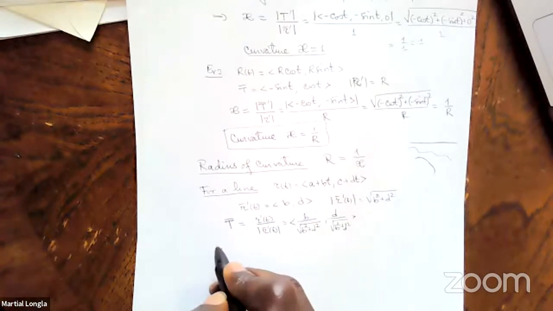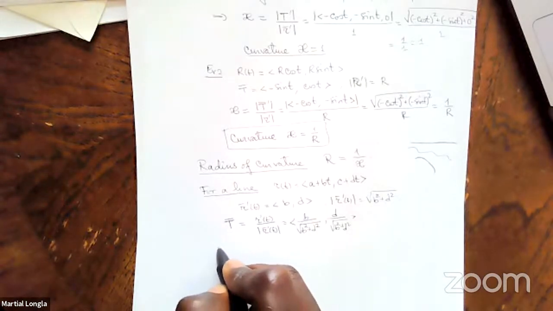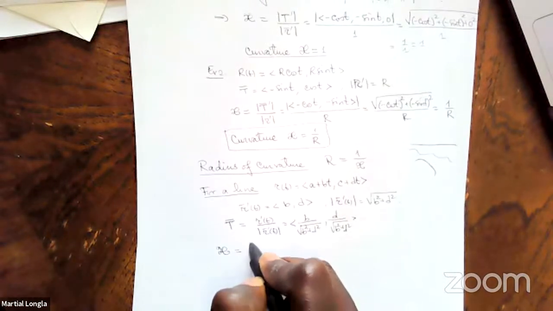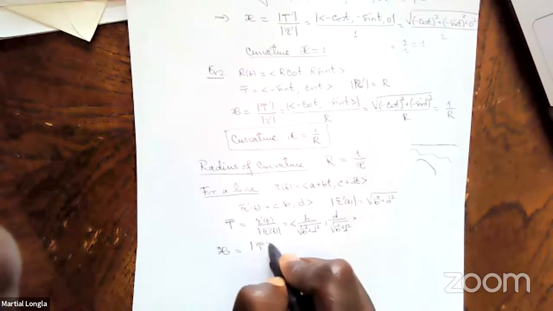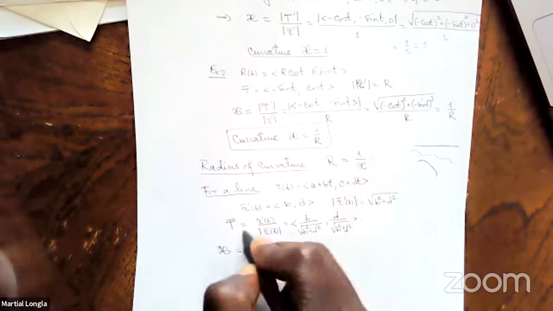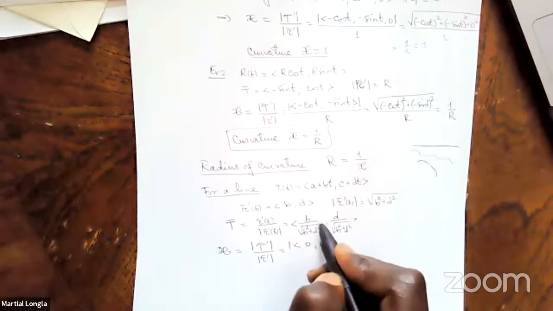And now, guess what? What's the curvature? It's equal to the magnitude of T prime over the magnitude of r prime. But T prime is 0, 0, because the derivative of this is 0 and the derivative of that is 0, divided by the magnitude of r prime.